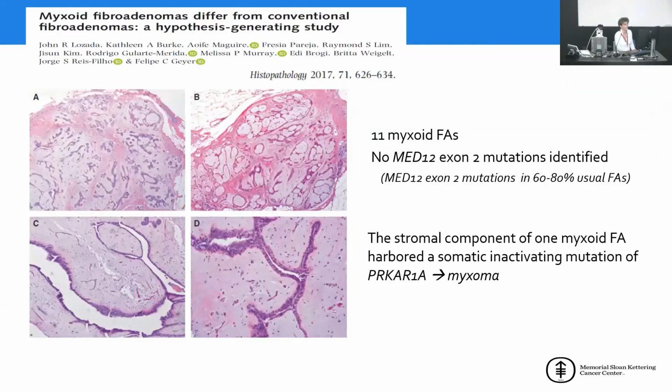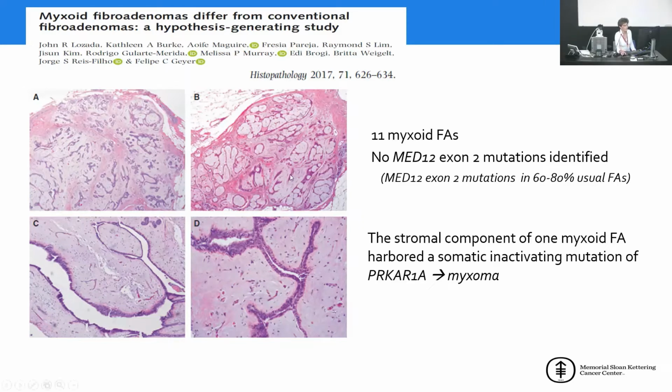Another interesting thing about myxoid fibroadenomas is that we have done a little study looking at 11 cases, looking for the MED12 exon 2 mutations, and none of these cases had the mutation. So from a molecular standpoint, they didn't seem to classify with the usual fibroadenomas.